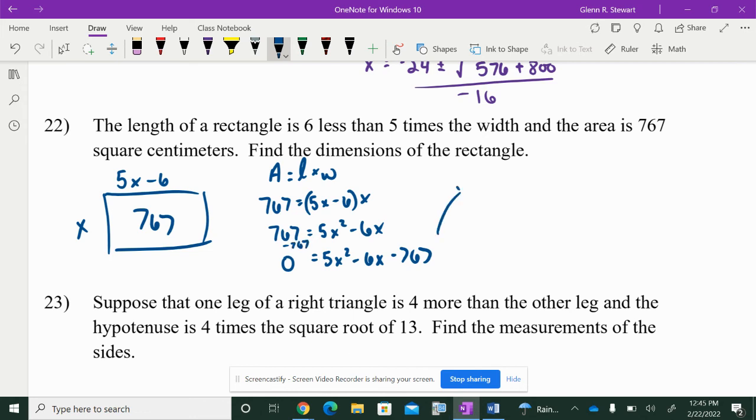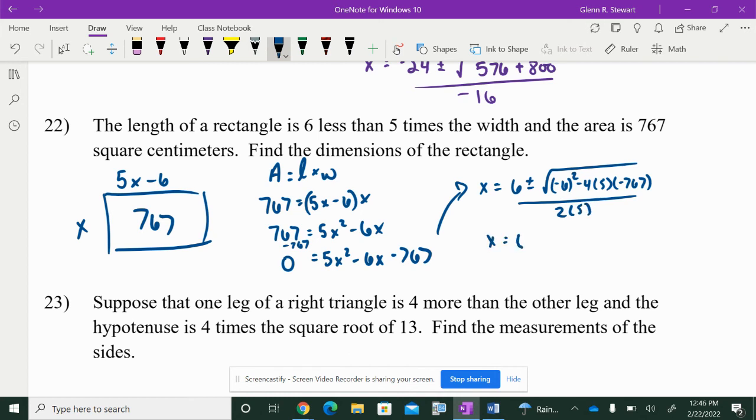I can do, if I want to, guess and check with this. I know the quadratic formula now. I'm not going to worry about that. x is equal to negative negative 6 plus or minus the square root of negative 6 squared minus 4 times 5 times negative 767 all over 2 times 5.